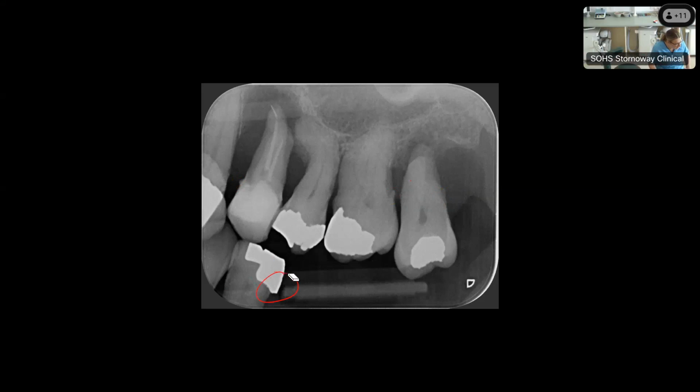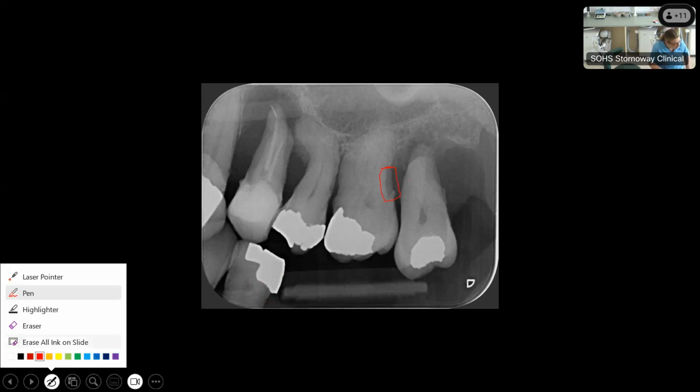Okay. What's going on here? I'll take the pen off so that you can see it in full context, but I just wanted to highlight it.